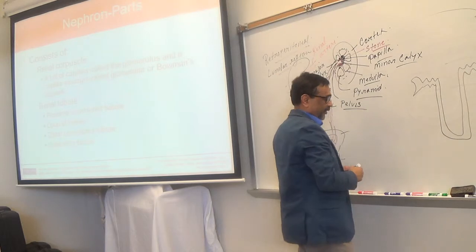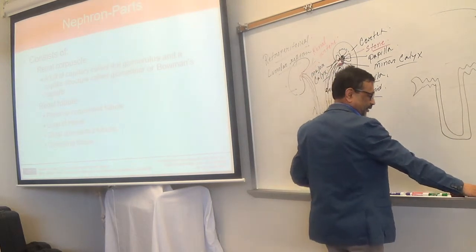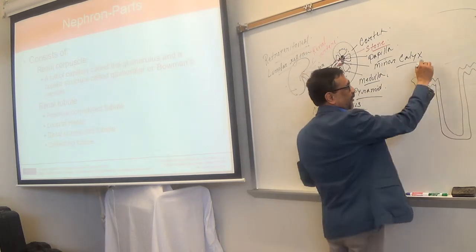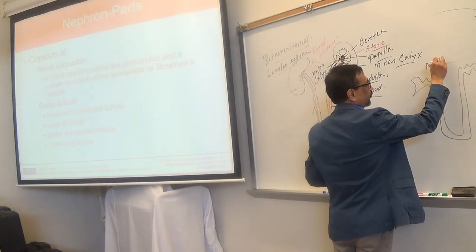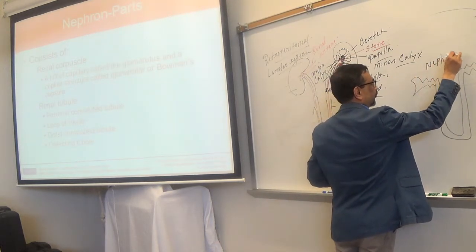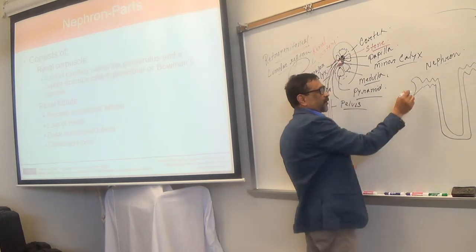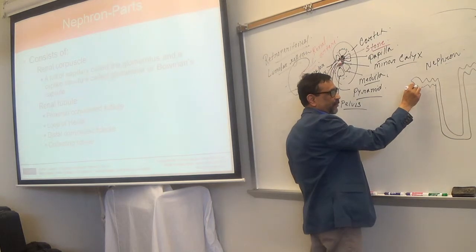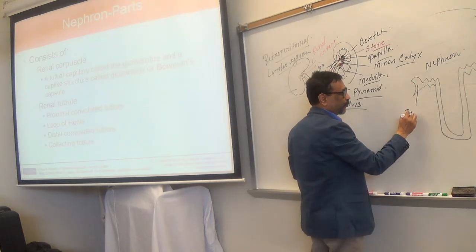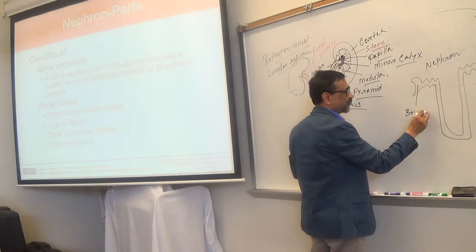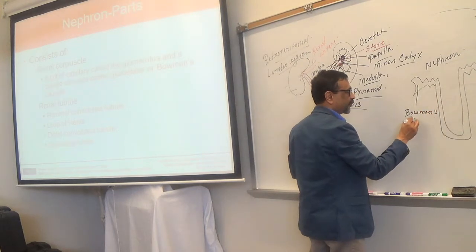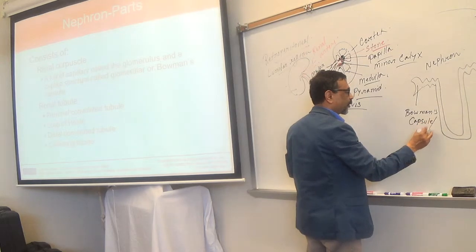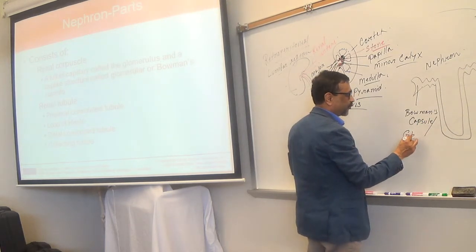Okay, so this is the structure of a nephron. The very first part of the nephron is called Bowman's capsule, also called glomerular capsule.